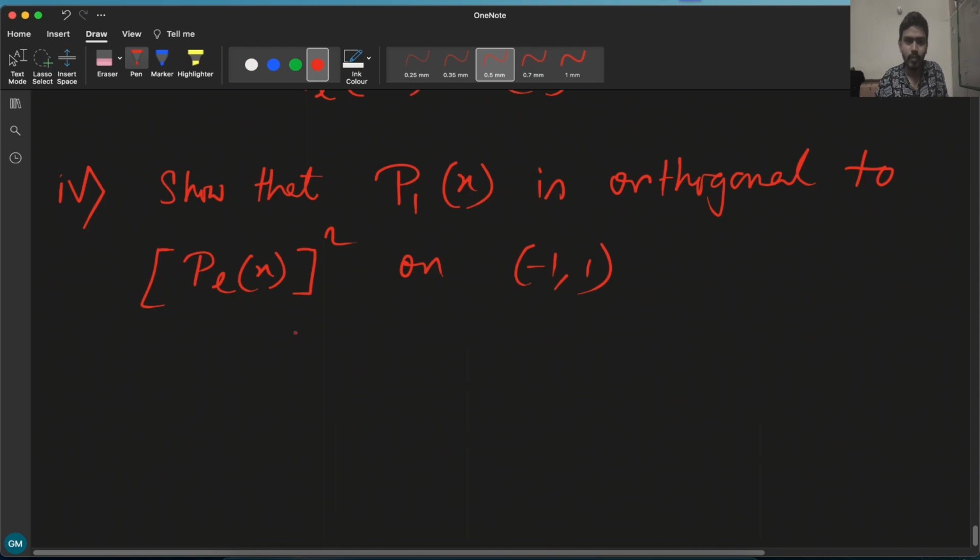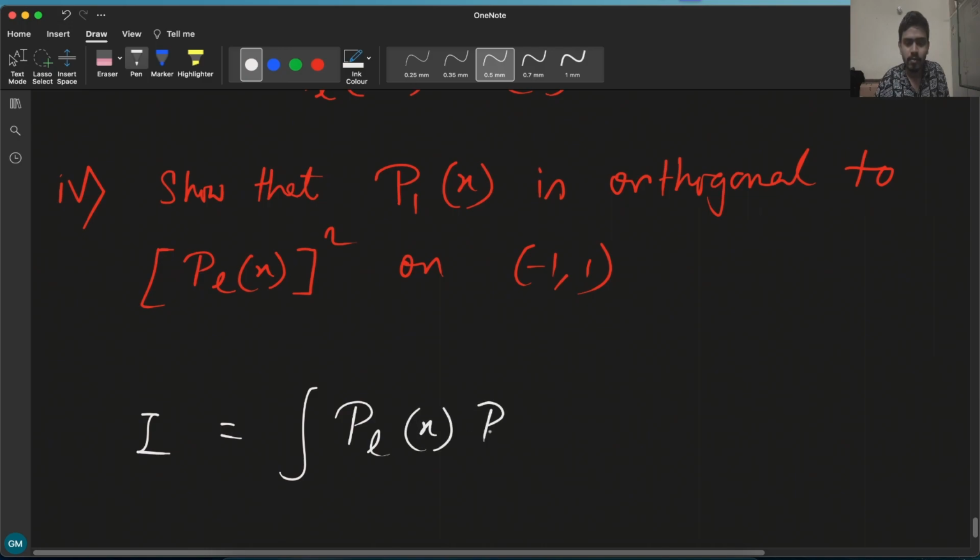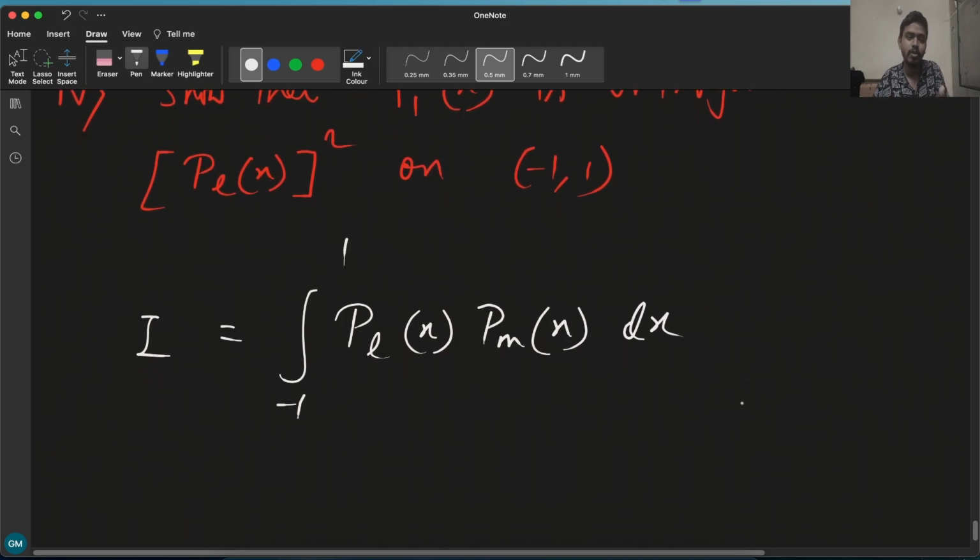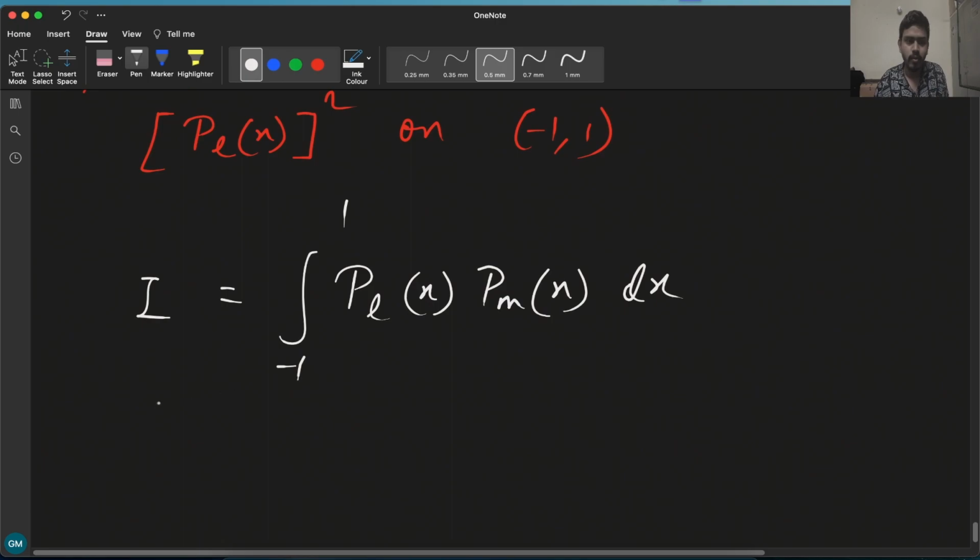The inner product between two Legendre polynomials is defined as the integral of P_L(x) P_M(x) dx from -1 to 1. These Legendre polynomials are defined from -1 to 1. This is the definition of the dot product between two Legendre polynomials, right?